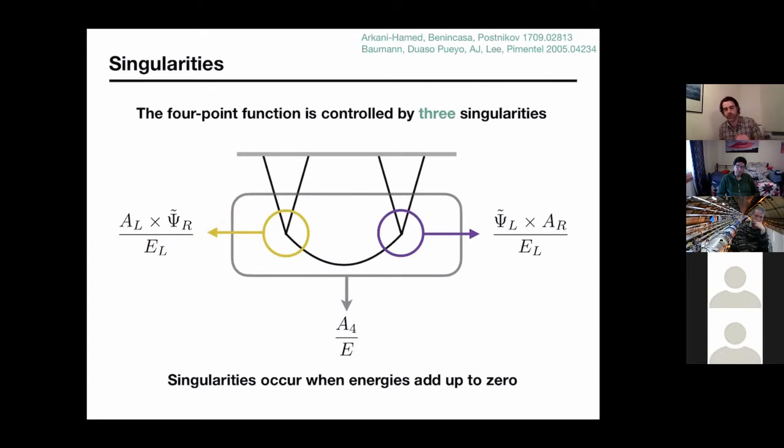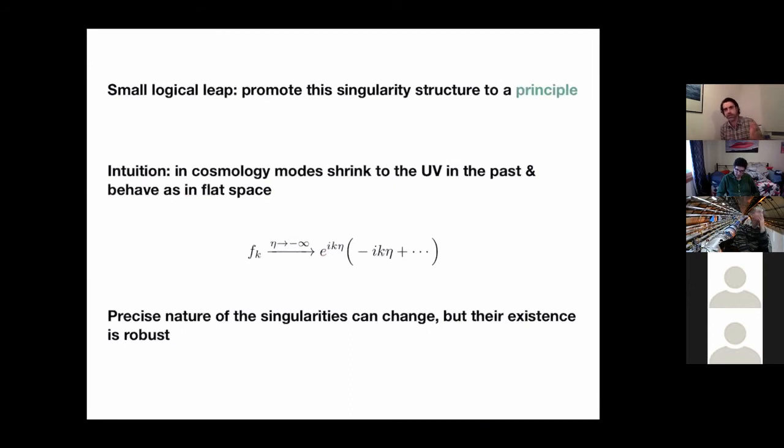Okay. And so we're going to try to use this information to learn something beyond this simple flat space example. At this point I have to ask you to take a small logical leap with me. Here I've just shown you a very simple example where we can calculate everything and you can just stare at it. But what I want to do is to promote this singularity structure to a principle.